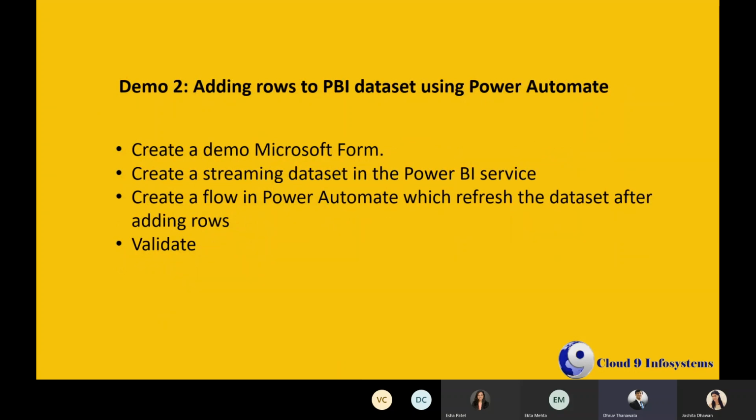For this, we'll create a demo Microsoft survey form. Then we'll create a streaming data set in the Power BI service, and we'll create a flow in Power Automate, which refreshes the data set after adding rows. So it will add the row in the Power BI data set automatically.